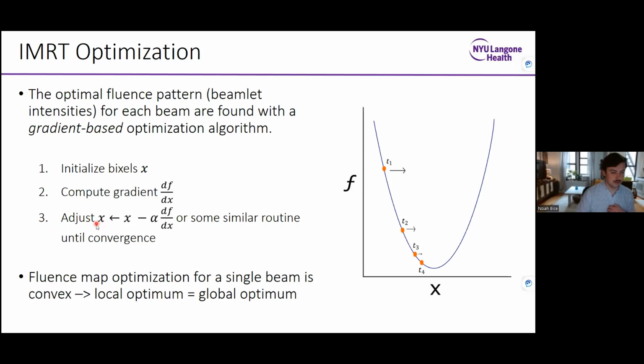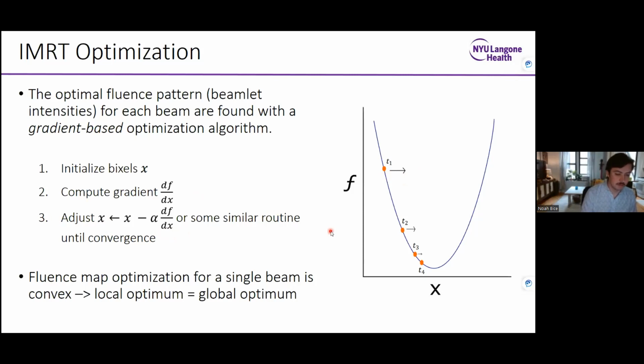And then we can adjust the state of our solution with a simple gradient descent algorithm, where we just iterate and change our solution to minimize our objective function.